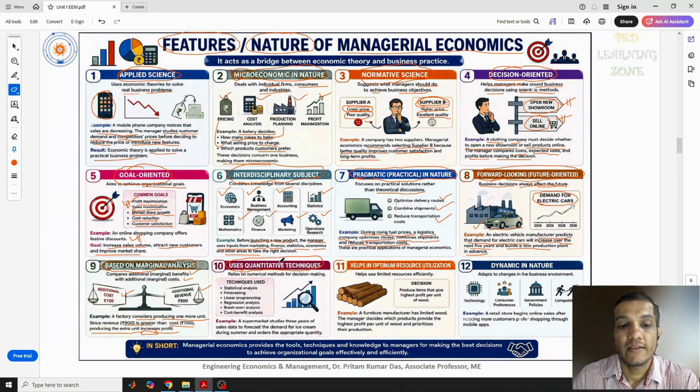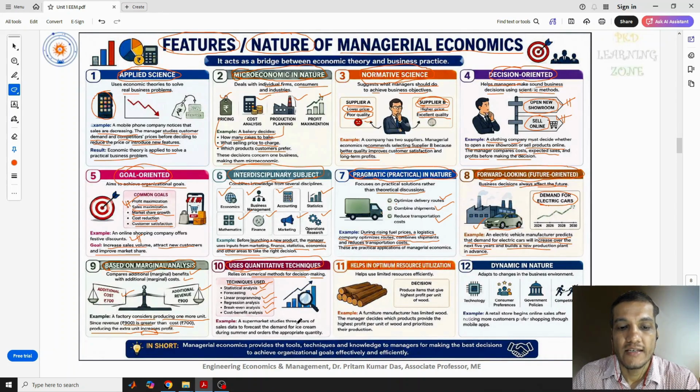Quantitative techniques are nothing but the tools we use to solve problems. It relies on numerical methods for decision making. The tools used include statistical analysis, forecasting, linear programming methods, regression analysis, break-even analysis, and cost-benefit analysis. These are some tools in economics which are used to solve problems.